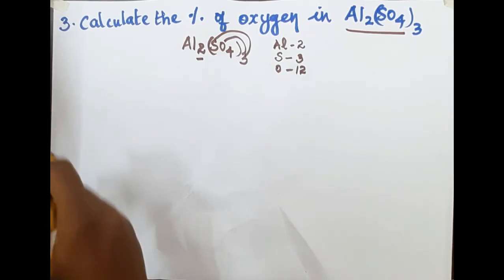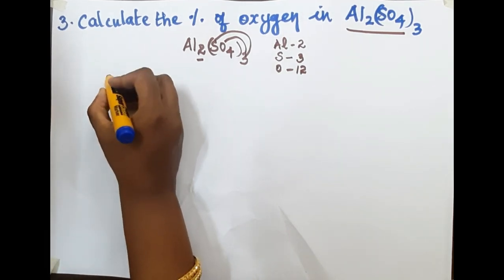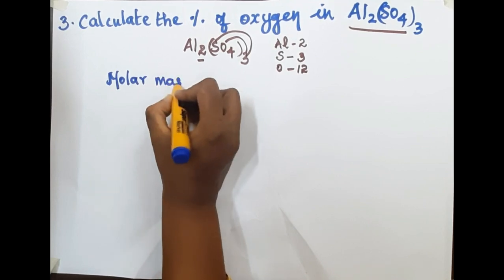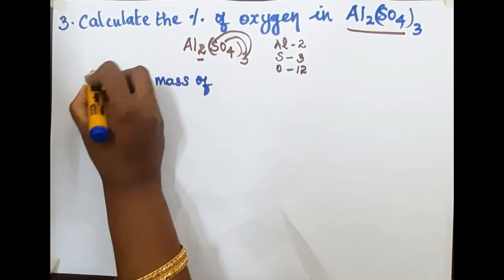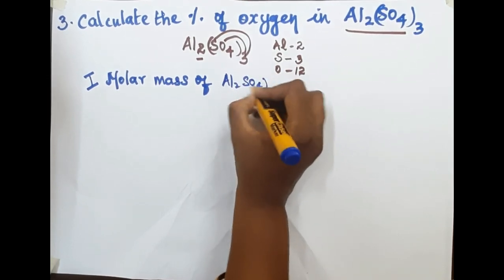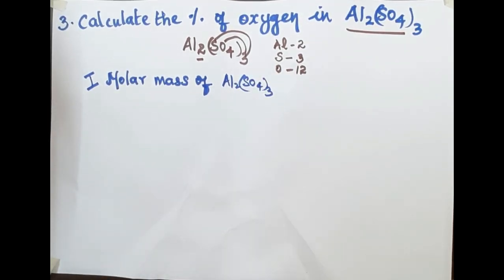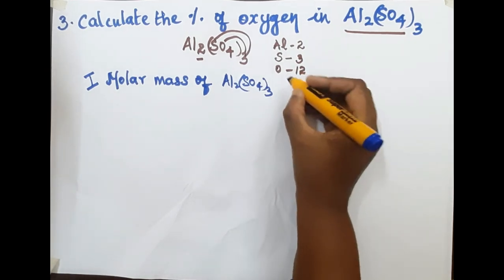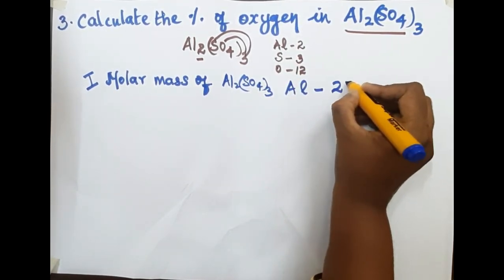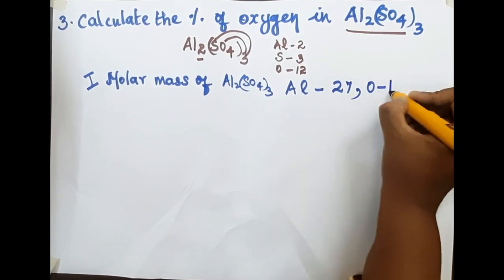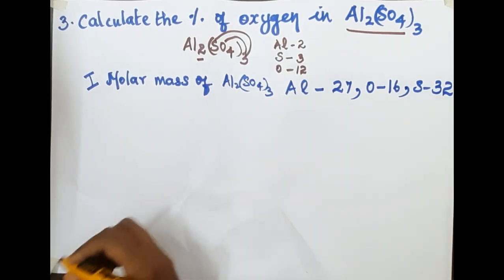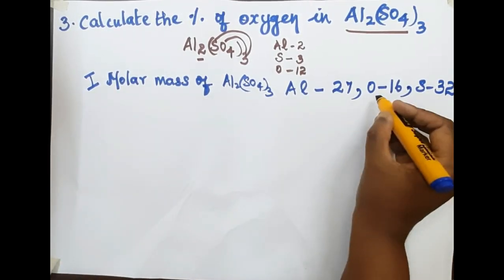Now, we are going to calculate the molar mass of Al2(SO4)3. For this you have to know the atomic mass of aluminium, that is 27, oxygen 16, sulfur 32. Now the first thing is over.